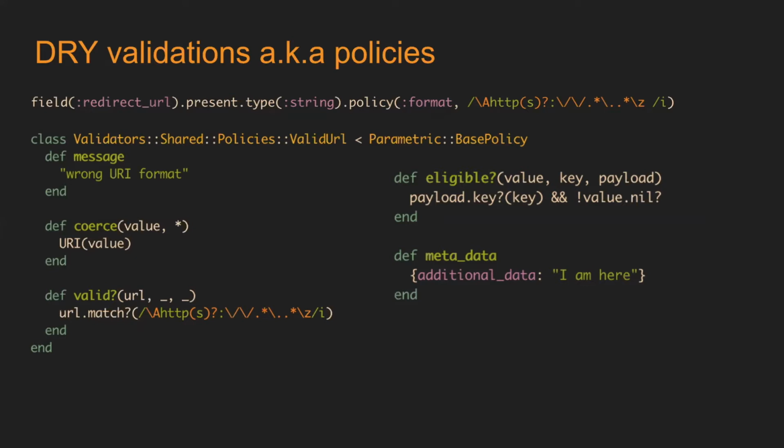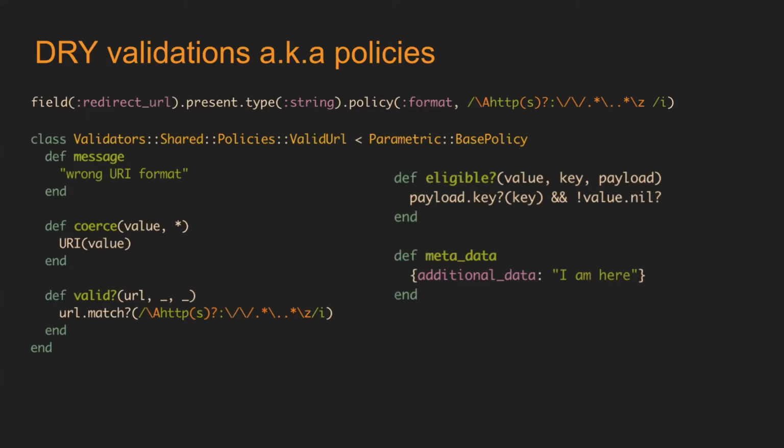The valid method returns true or false depending on whether validation passed successfully or not. Coerce allows you to transform your value into the one the coerce method returns. The eligible method says whether to call validation or not. The message method is invoked when validation fails, and it is the message you see in the validation result class.